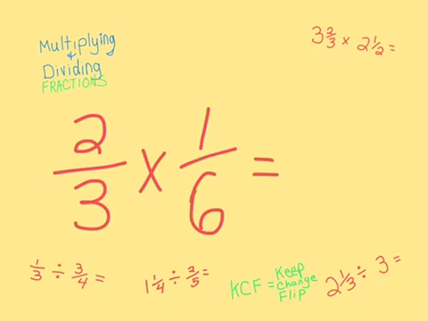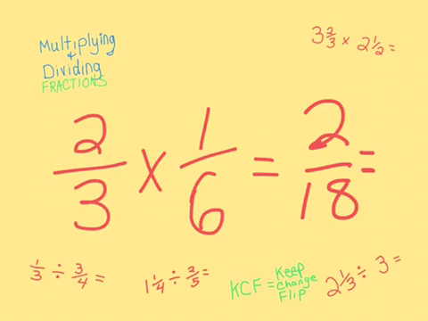So 2 times 1 is 2, and 3 times 6 is 18. Now we need to reduce that and we're done.